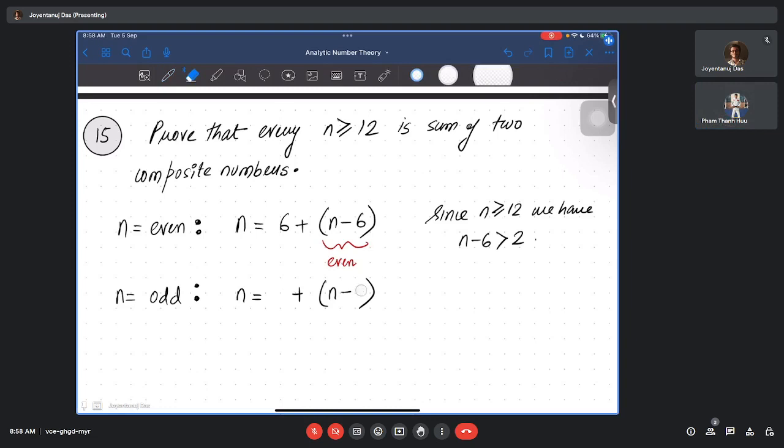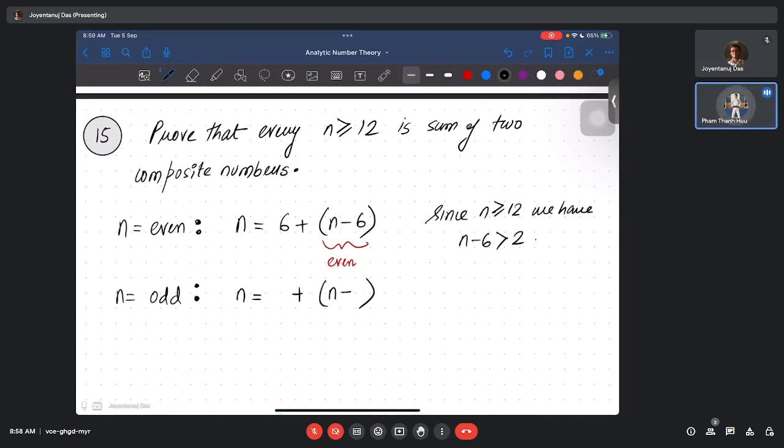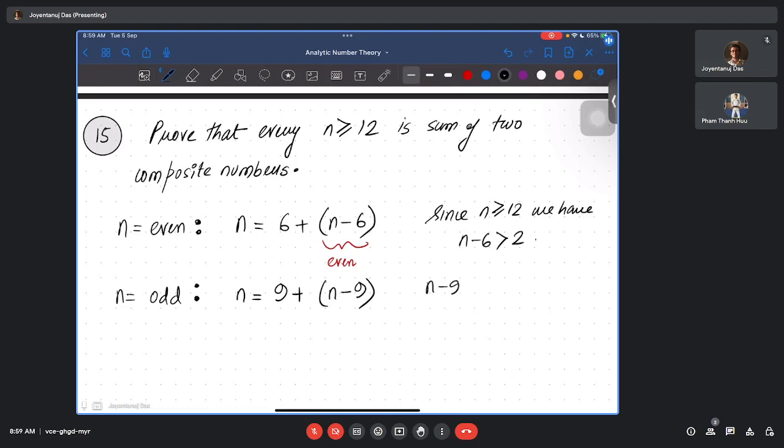So which odd number should we take? 7 will also not work, but 9 can work, right? 9 plus n minus 9. Since n is greater than 12, n minus 9 is also greater than 2, and it is always even.